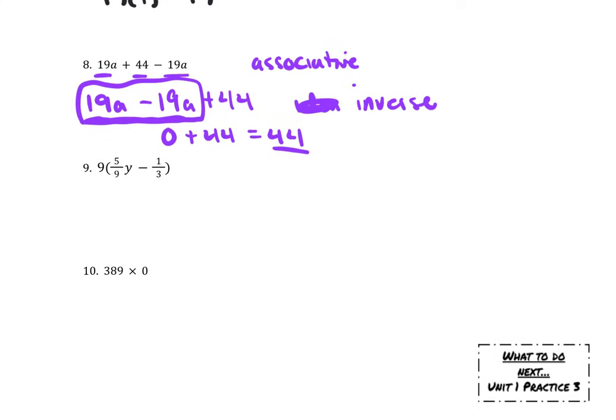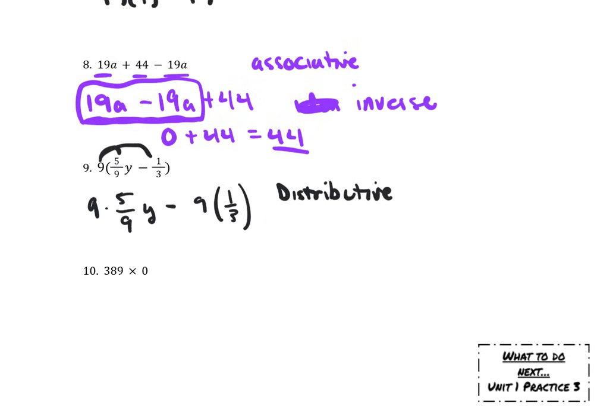So number 9, oh no, a fraction, what do I do? Don't panic. I'm going to distribute this. 9 times 5 over 9 times y minus 9 times 1/3. First off, I'm using distributive.